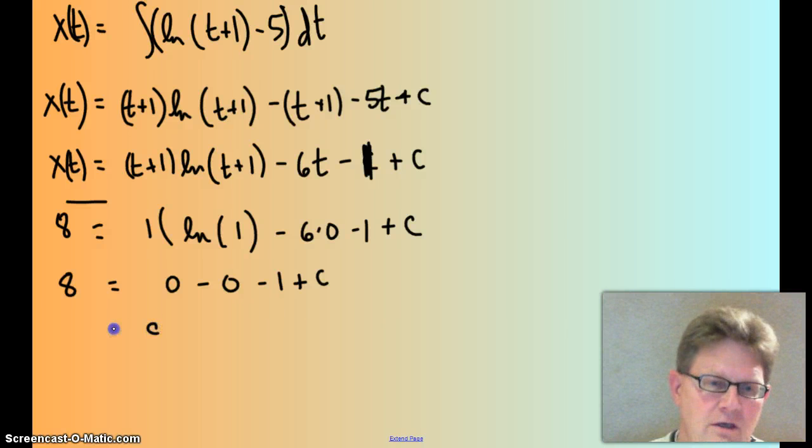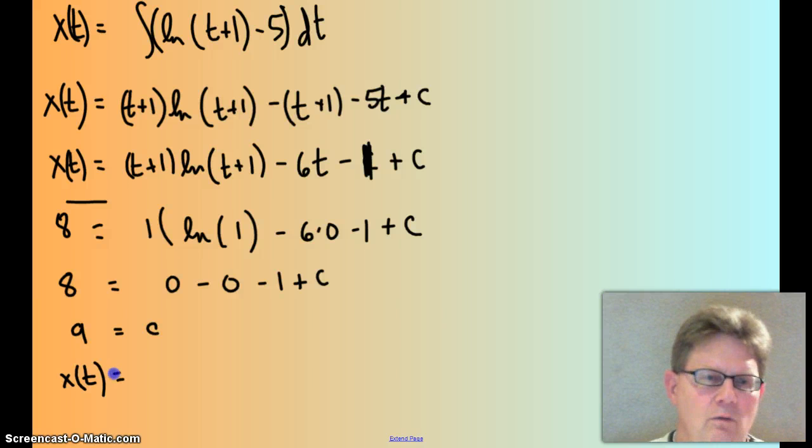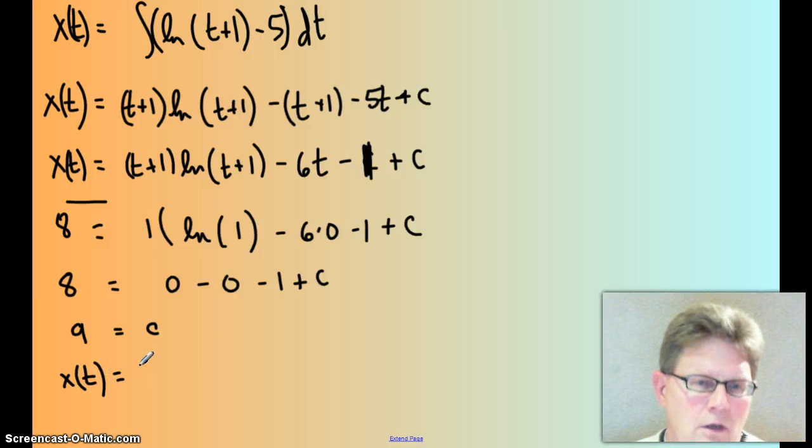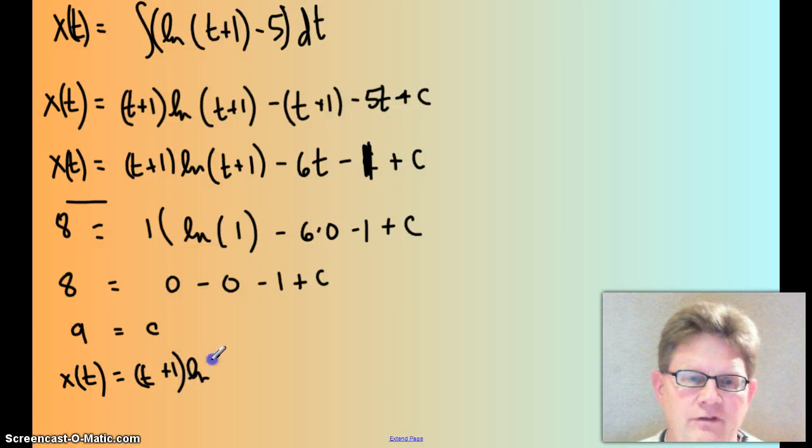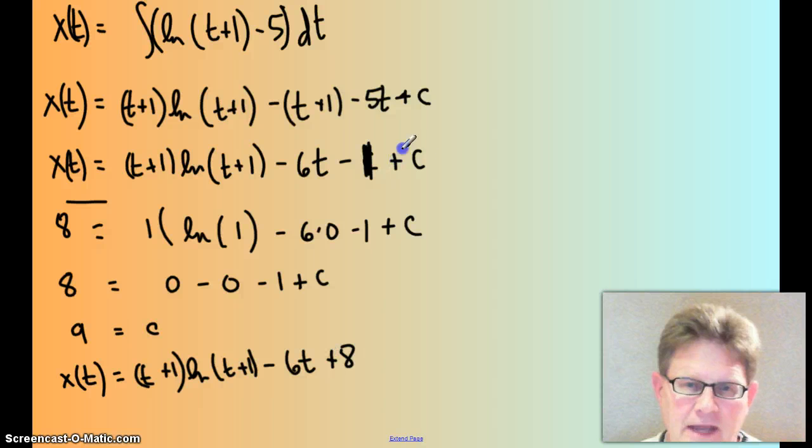So c has to equal 9. So the position function, yeah, this is a lot of work for one problem, I get it. X of t equals t plus 1 times the quantity ln of t plus 1, minus 6t plus 8, when I put in that 9.